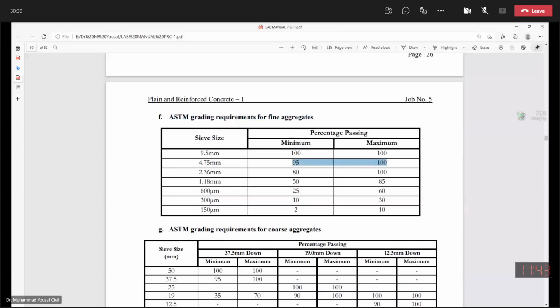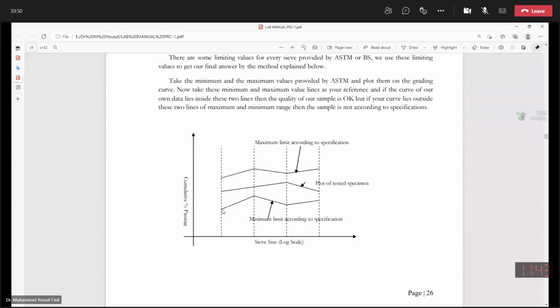It means the minimum value is 95 and the maximum is 100. This is the minimum value and this is the maximum value against one size.